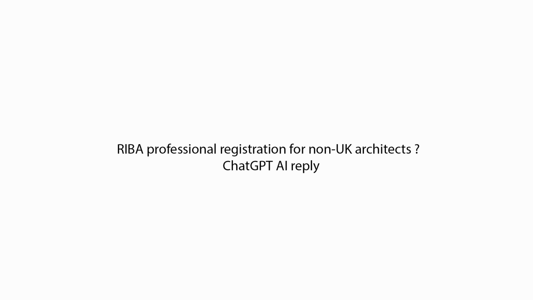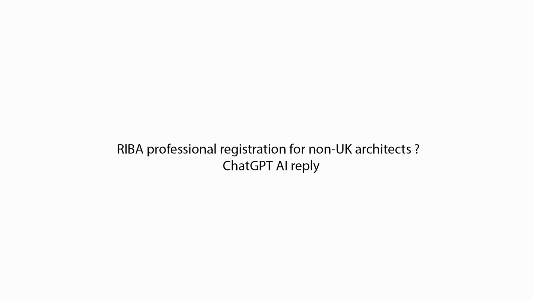How a non-UK educated architect can get RIBA UK architect status. First, clarify a critical point, RIBA vs ARB. This is where many foreign architects get confused. ARB, the Architects Registration Board, is the legal regulator in the UK and controls who can use the protected title architect. Registration with ARB is mandatory.